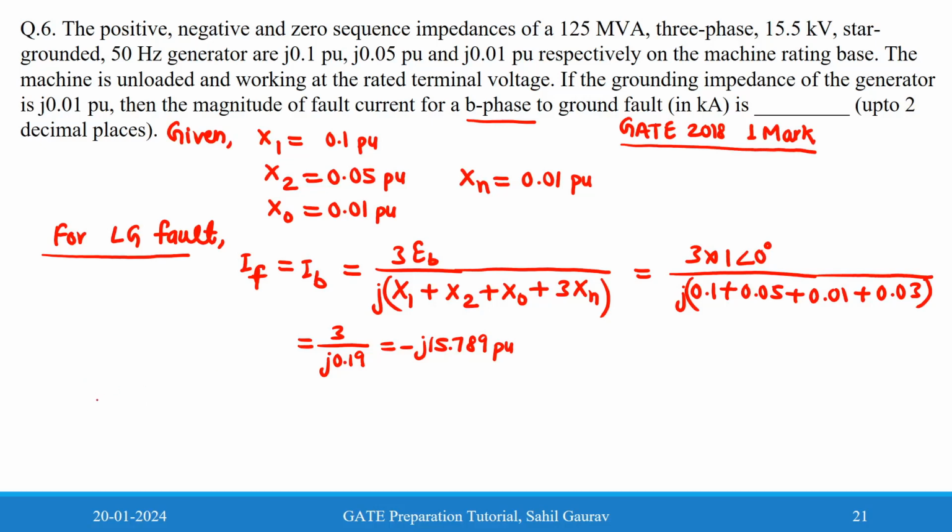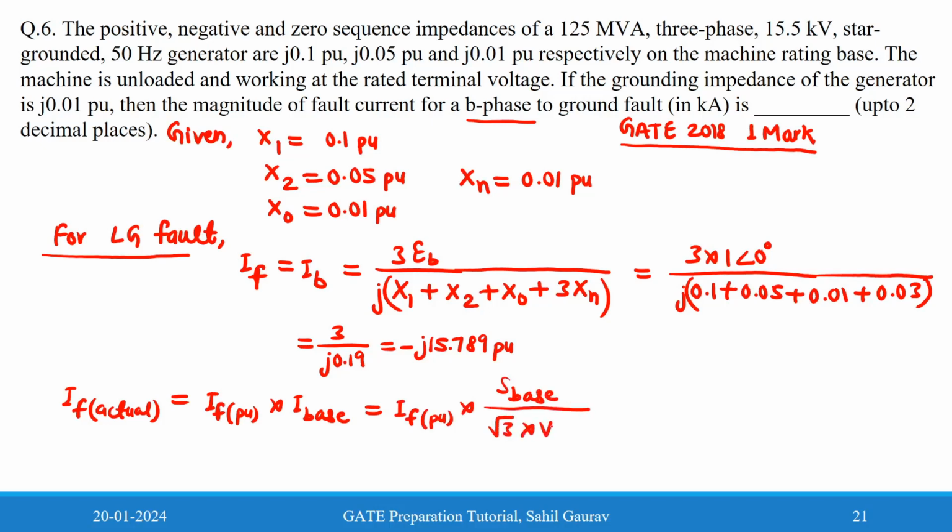We have to give the answer in actual current. So IF actual will be IF per unit into I base, where I base is S base divided by root 3 into VLL base.